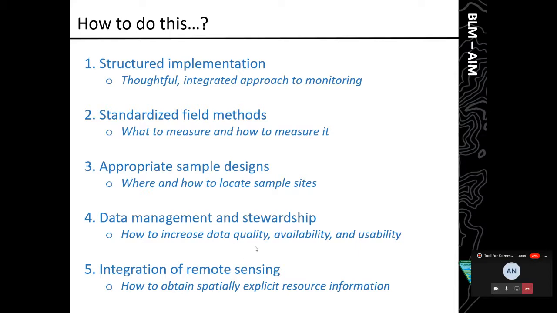This idea of data management and stewardship, and lastly, integration of remote sensing and how we obtain spatially explicit resource information or use things like remote sensing to influence and inform our design process.